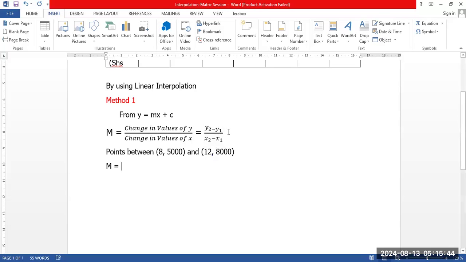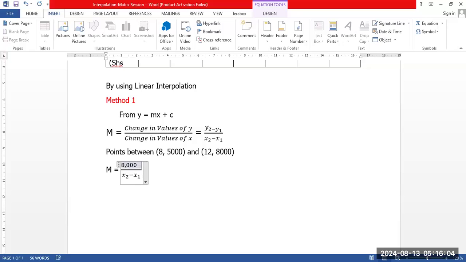Where you have y2, put 8,000, minus where you have y1, that is 5,000. Then everything we divide by x2. x2 is 12, we subtract 8. Those with a calculator, what do you get?